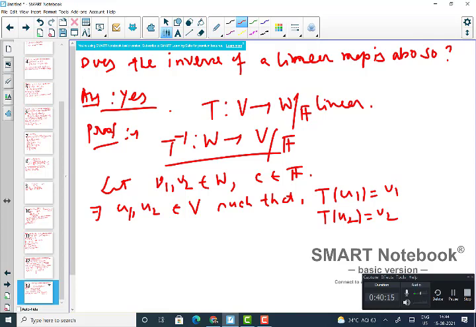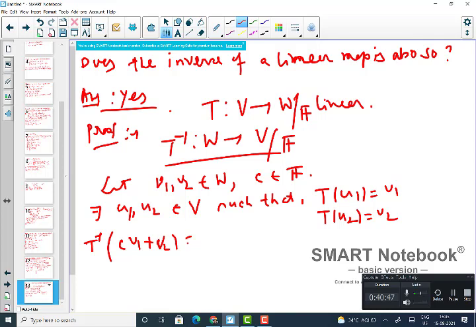Now I need to check that. So what does that mean? That means T inverse of V1 equals U1, T inverse of V2 equals U2, right? So what I need to check is that T inverse of C V1 plus V2 should be equal to C times T inverse of V1 plus T inverse of V2, right?